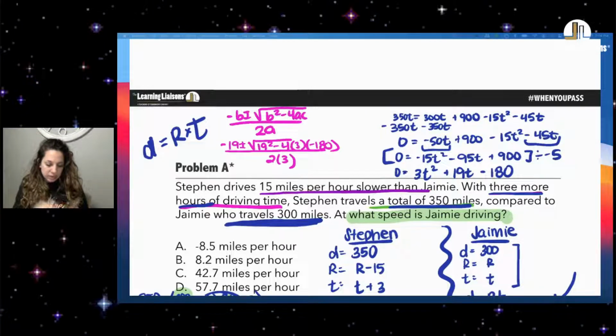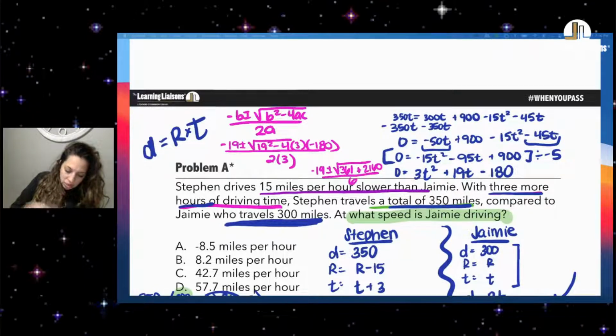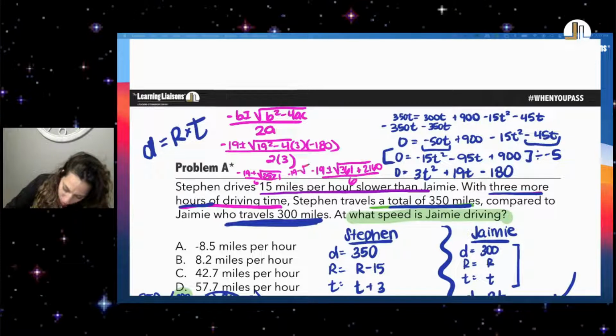19 times 19 gives me 361. So negative 19 plus or minus the square root of 361 plus 180 times 12, 2,160, all divided by 6. Add that to 361, and I get negative 19 plus the square root of 2,521 divided by 6, and negative 19 minus the square root of 2,521 divided by 6.